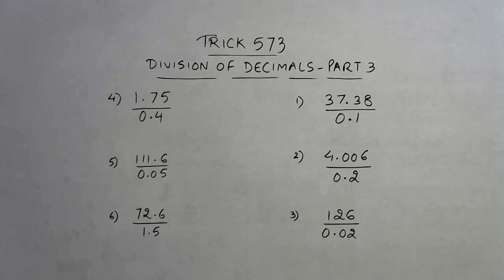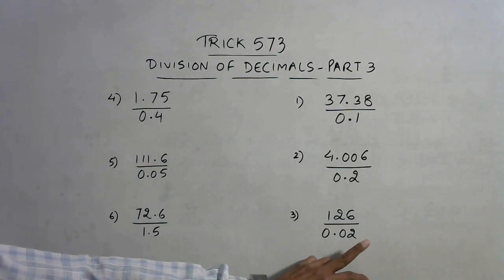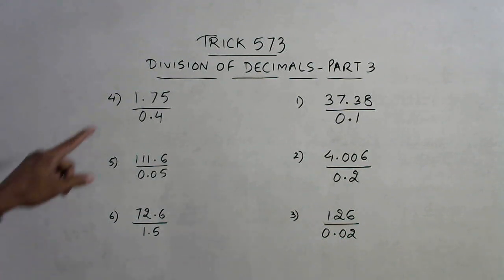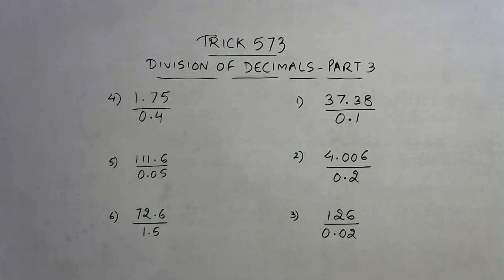If you are aware of the relationship between decimals and fractions, then this problem is not going to consume much time. In the third problem the denominator is 0.02, and then 0.4, 0.05, 1.5. So we are going to discuss all these denominators.